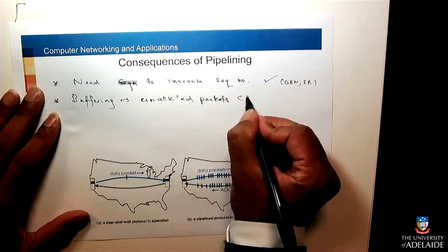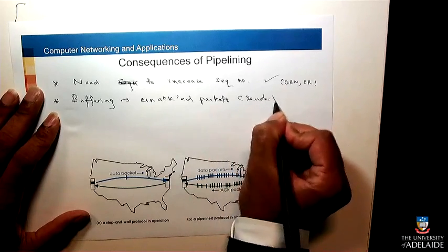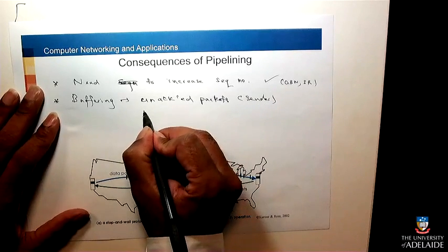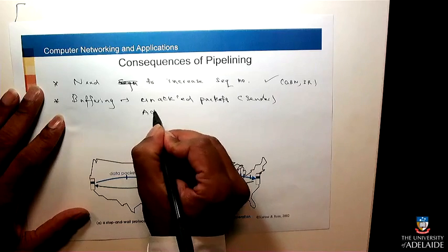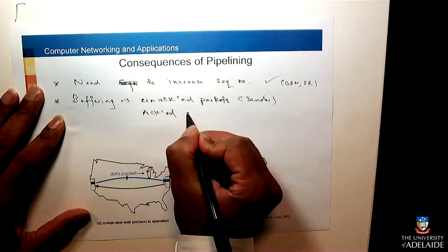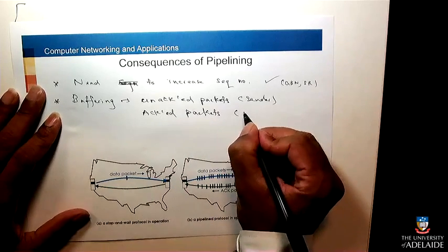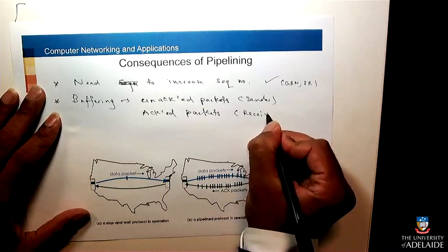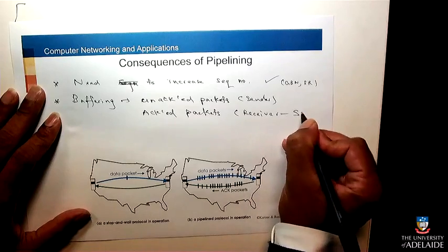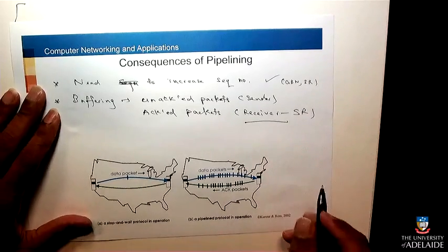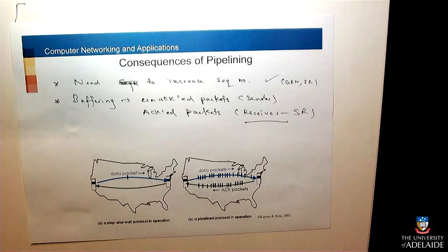So this is the sender, and ACK packets for the receiver in selective repeat. So you had to add buffering both at the sender and the receiver, and you had to keep track of which ones were ACKed and unacked. Okay, so that made things more complicated.